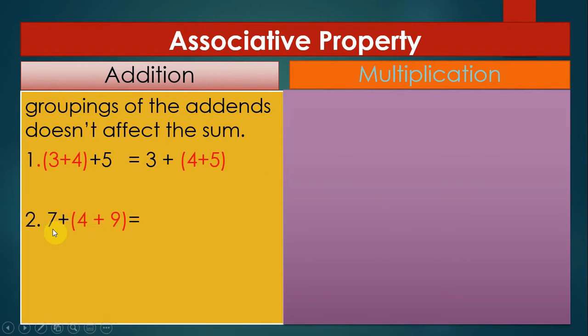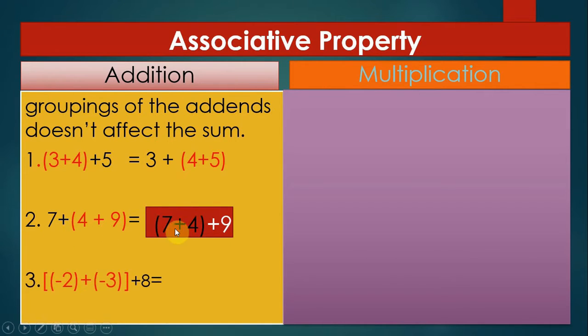Now number 2, 7 plus 4 plus 9. Here 4 and 9 was grouped, and if we change the groupings, here 7 and 4 was grouped, here is 4 and 9, this right side and left side have the same answer.